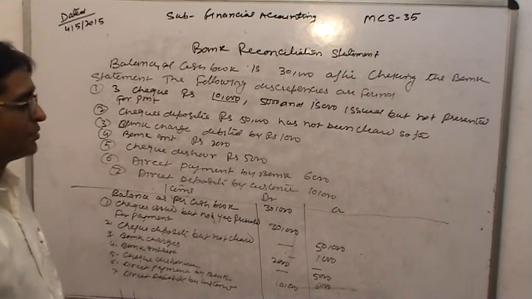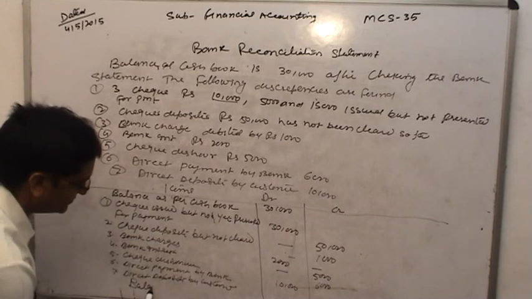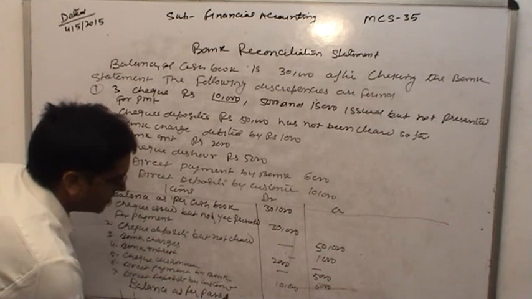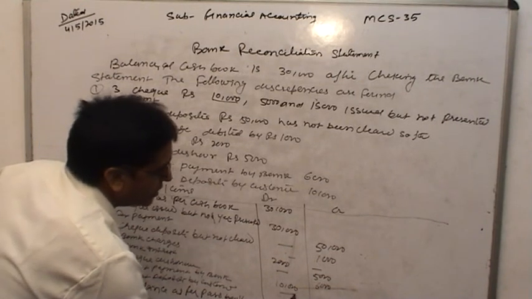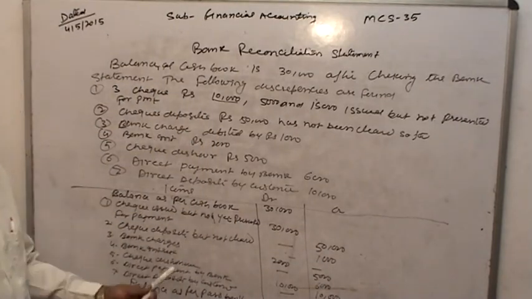From 72 minus 62, balance as per passbook is equal to 10,000. And this is your answer.